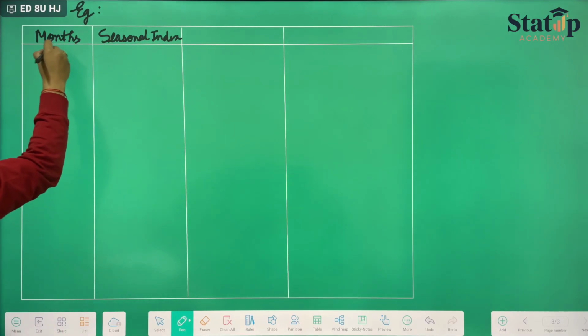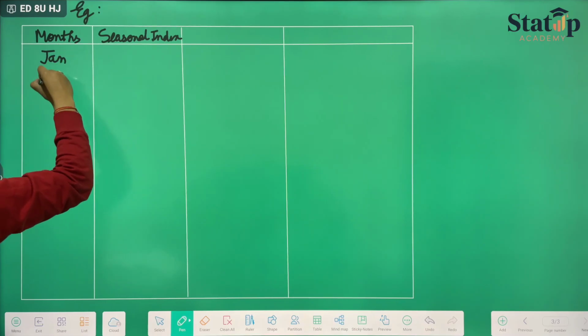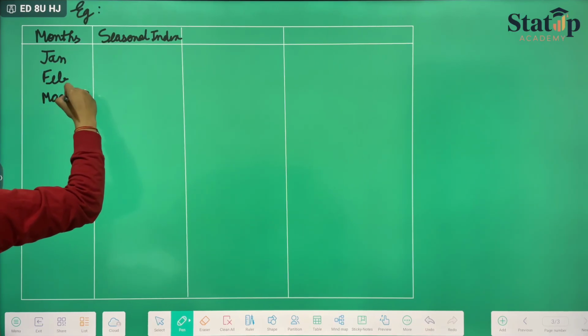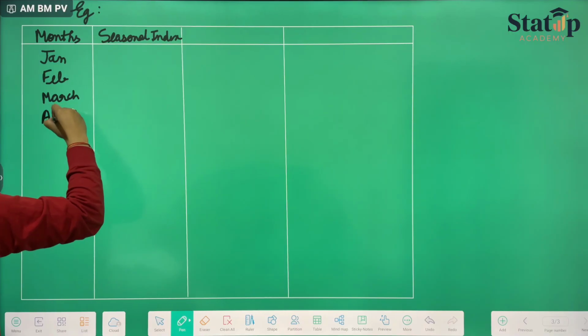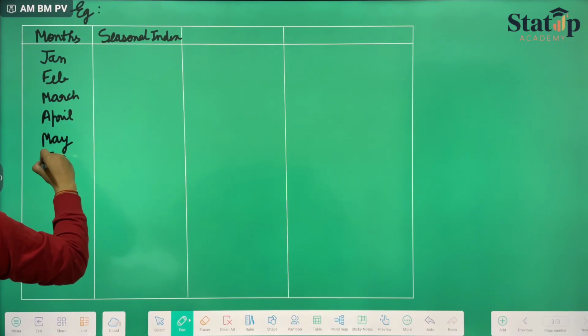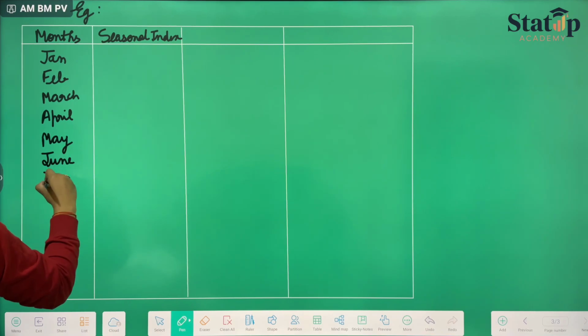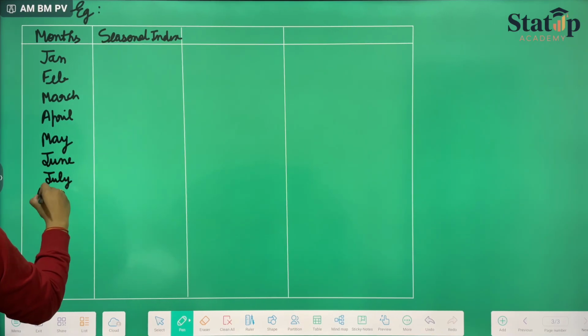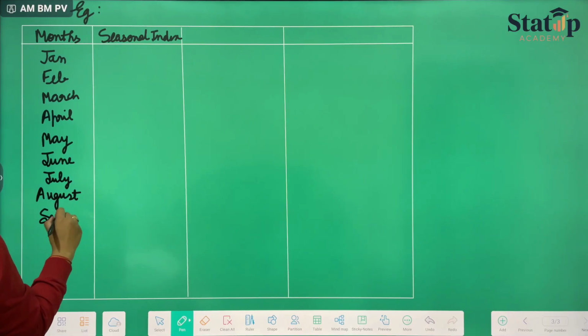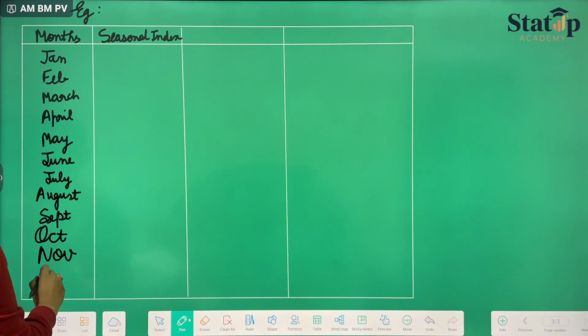The months are given as January, February, March, April, May, June, July, August, September, October, November, and December.